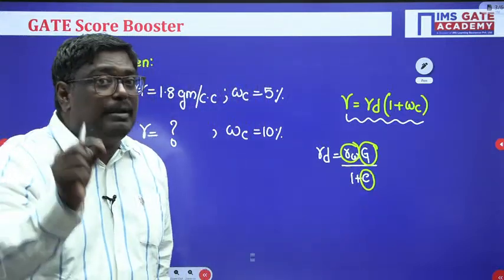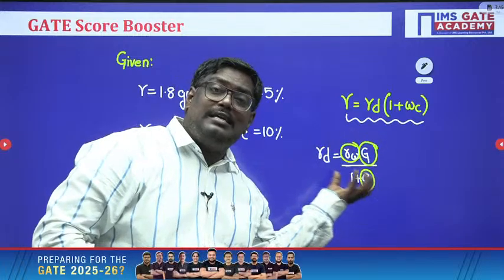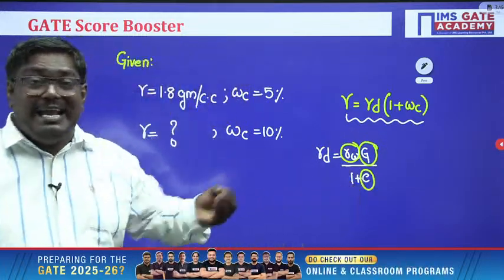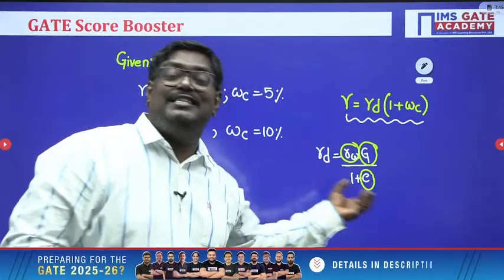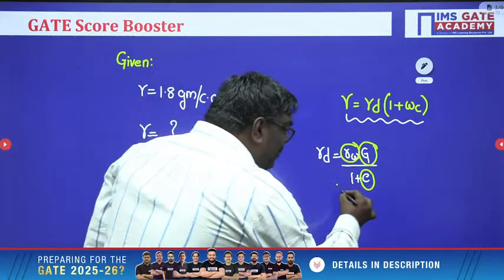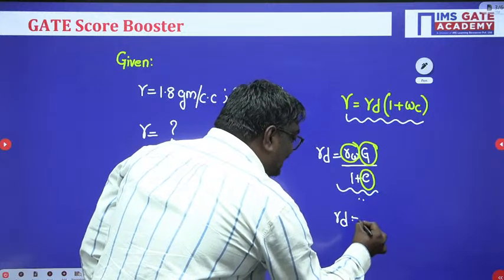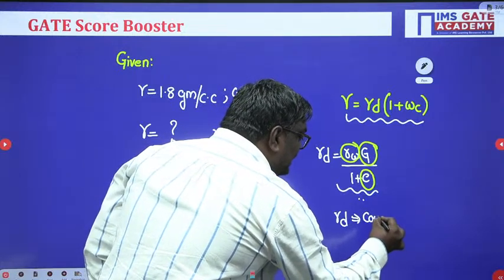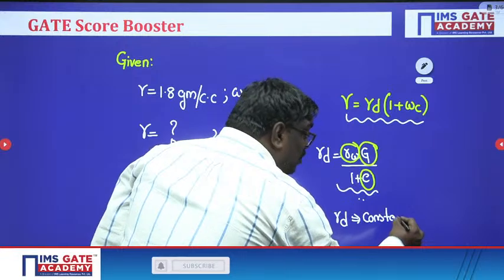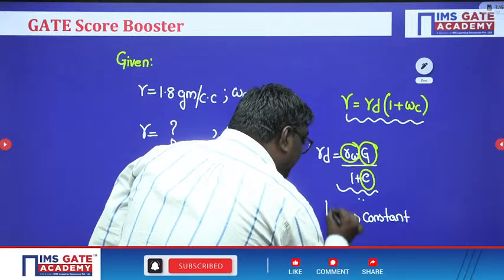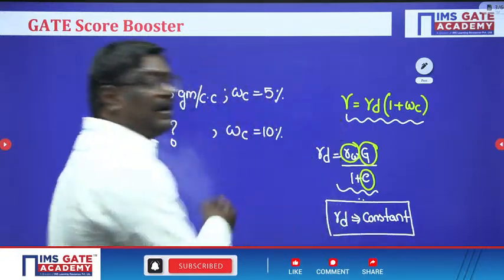You have to remember these things. So all the terms are constant here, which says that dry density is constant. So when you say void ratio is constant, it implies that gamma d is constant. Without knowing this, you cannot apply the formula which I will try to say.